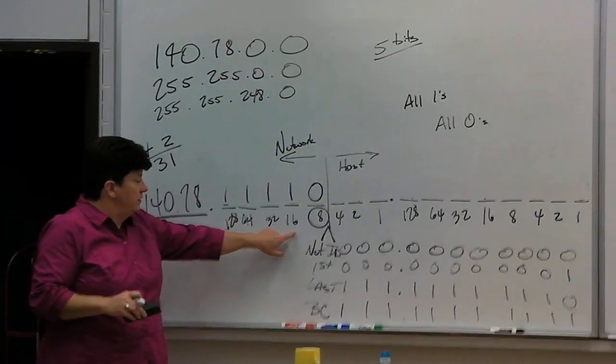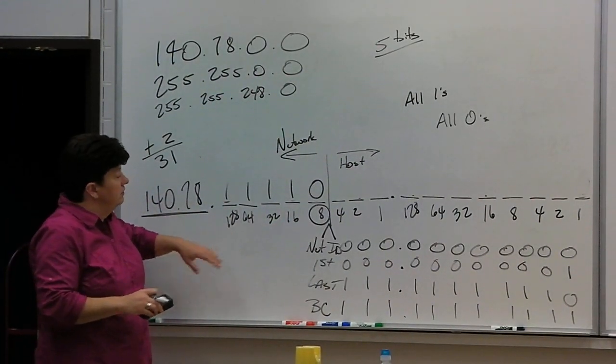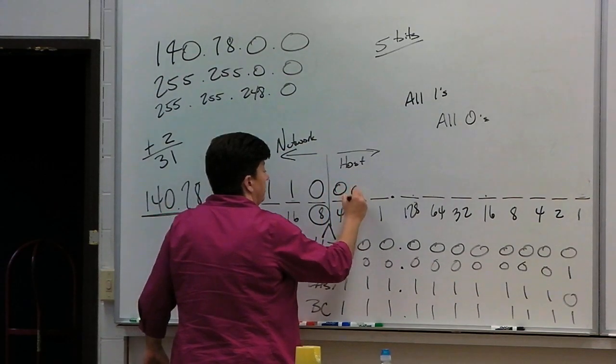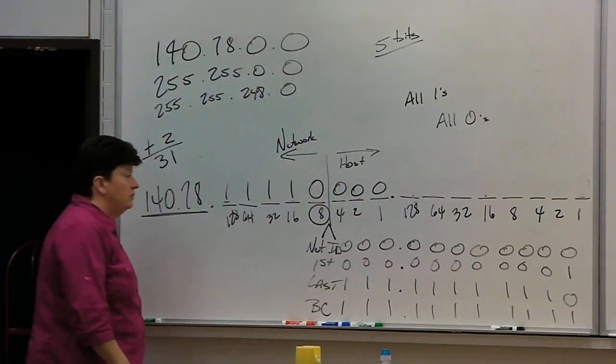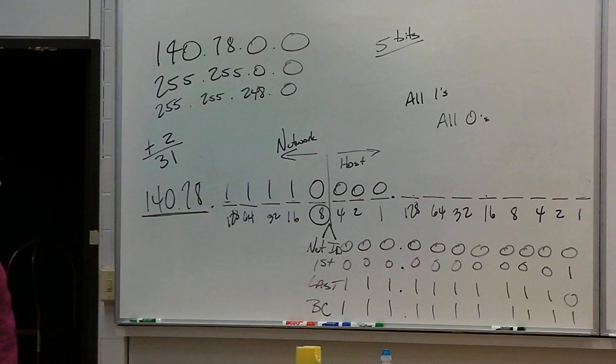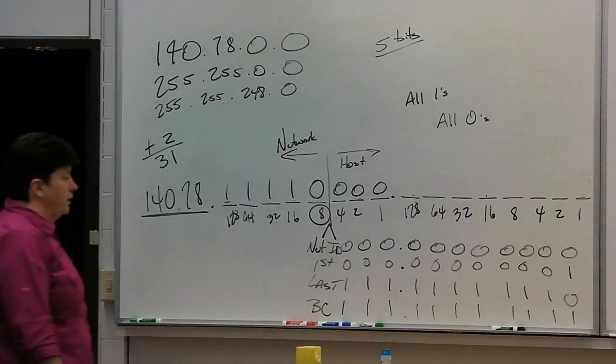What is this in binary? See all zeros here. I'm sorry, in decimal. What number do I have written up there now? 128 plus 64 plus 32 plus 16. 240.